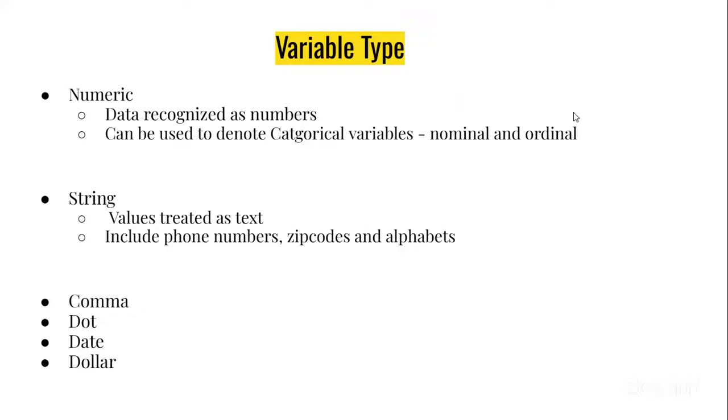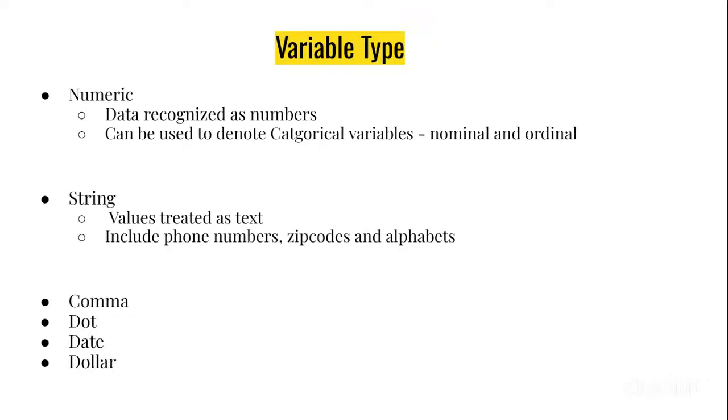Nominal and ordinal variables we are going to talk about in a while. Then comes the string type. String type is basically text. It can be composed of alphabets, phone numbers, or zip codes. Now we can think that phone numbers and zip codes consist of numbers. So why are they in string type?